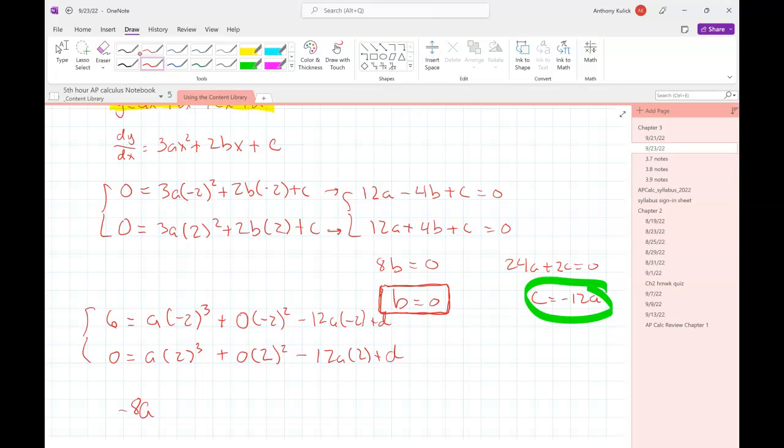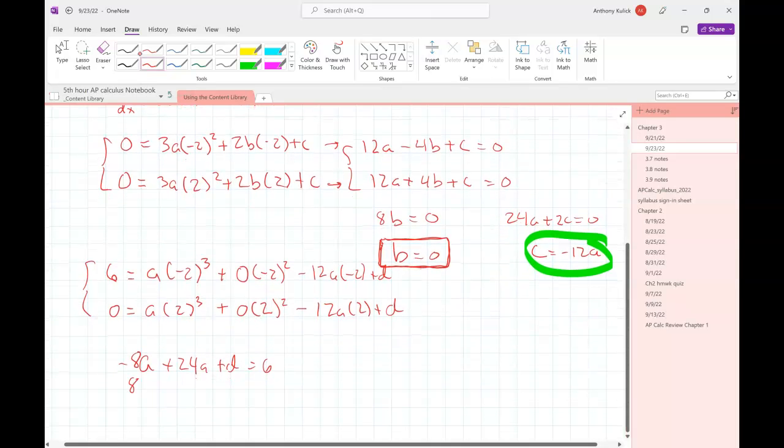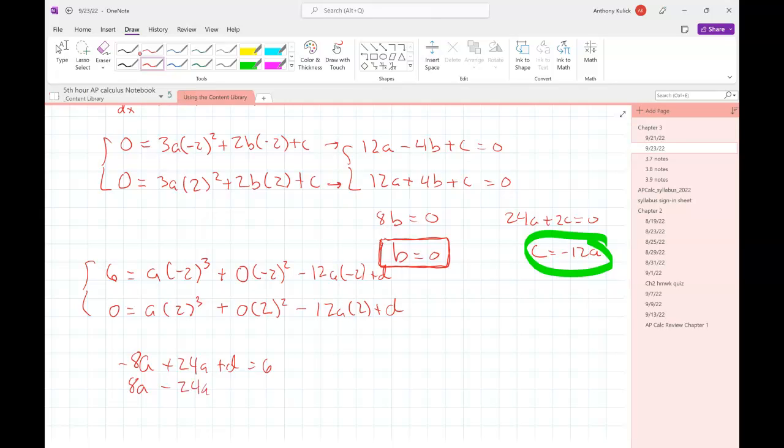So I have negative 8a plus 24a plus d is equal to 6. And then I have positive 8a minus 24a plus d is equal to 0. Sorry. And I combine my like terms, so I'm going to have 16a plus d is equal to 6. And then I'll have negative 16a plus d is equal to 0.